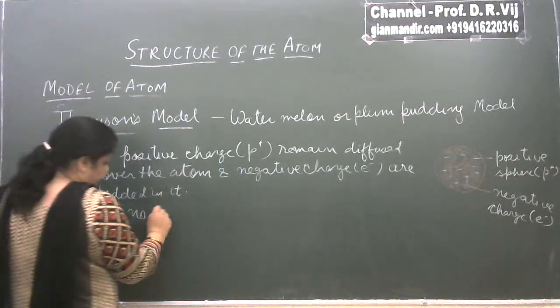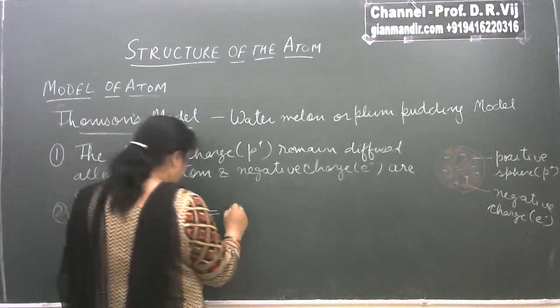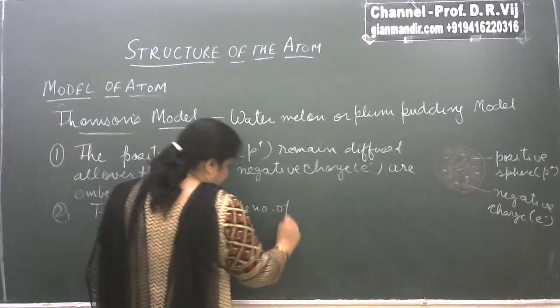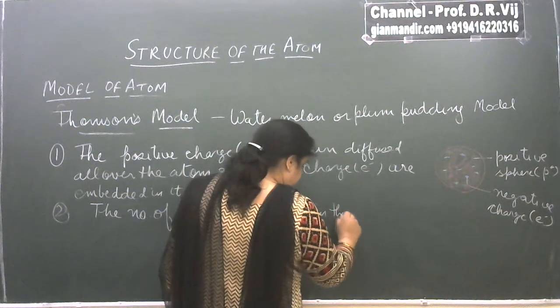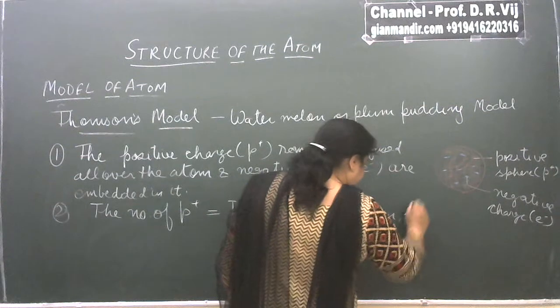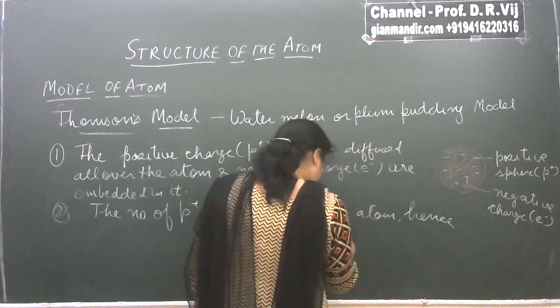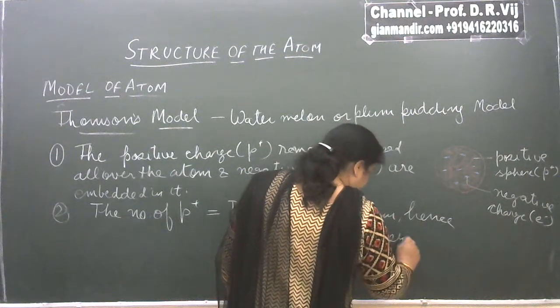And another thing which he told is that as the number of protons in an atom is exactly equal to the number of electrons in the atom, hence the atom is neutral.